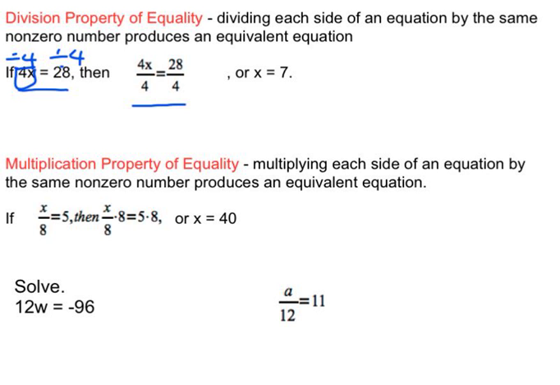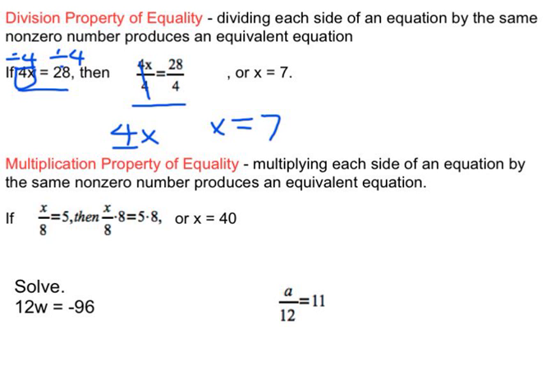But you don't want 4 times x. You just want x. So what you're going to do is divide by the coefficient. The coefficient in this case is 4. And when you do that, you've got to do that on the other side as well, because 4 divided by 4 cancels out to being 1. And so then you're just left with x is equal to 28 divided by 4, which is just 7.